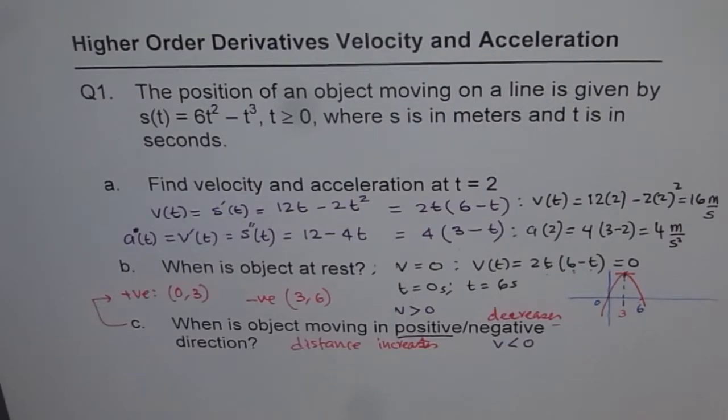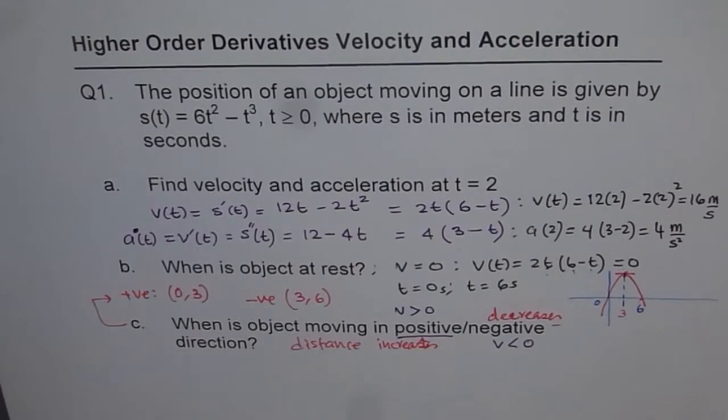When the object's velocity is positive, its distance is increasing from the initial point, the origin, or the point of reference. As soon as the velocity becomes negative, the object starts approaching the initial position and the distance starts decreasing. That is how things are related, and we'll explore more in coming questions.